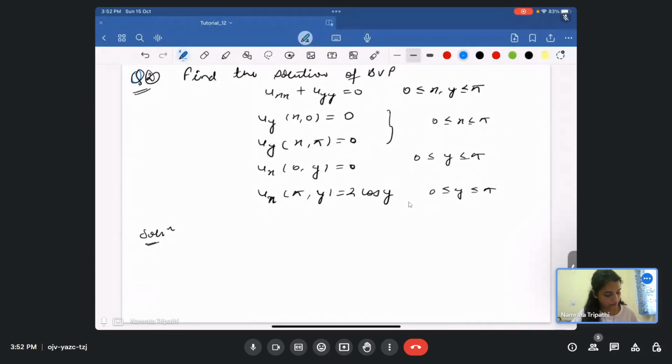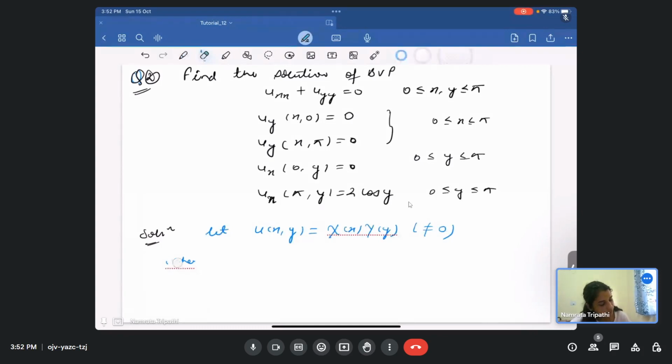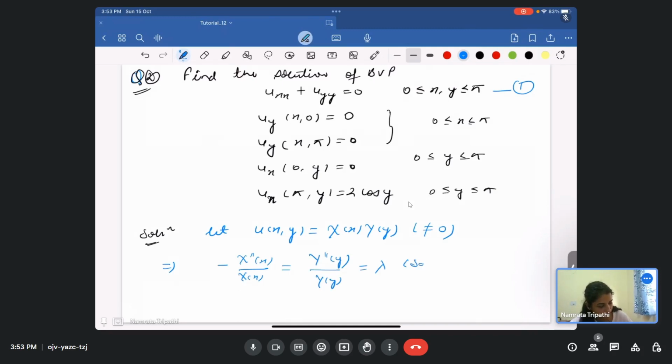So first of all, after putting this in equation 1, let's say this is equation 1, then we'll get, after rearranging in this form, you will get this is constant.